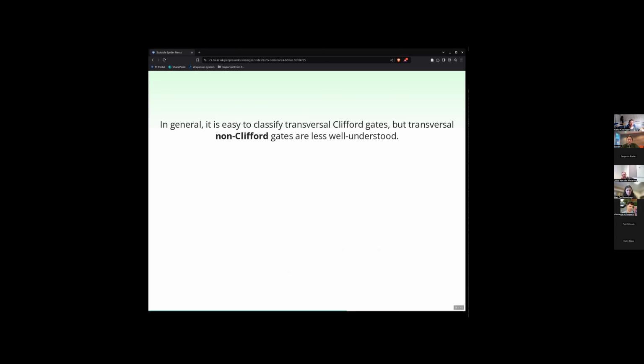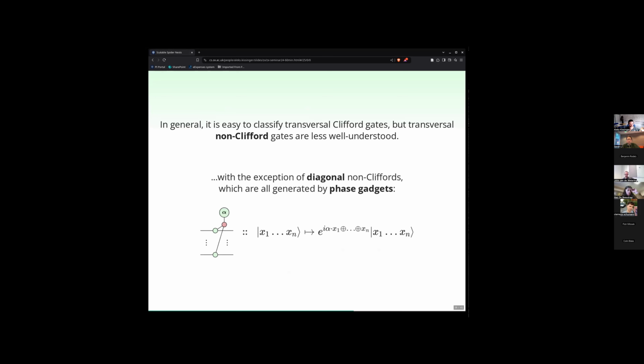But transversal non-Clifford gates are less well understood, at least in the fully general case. However, the diagonal non-Cliffords do have some nice structure, and there are many things known about which of these are transversal.